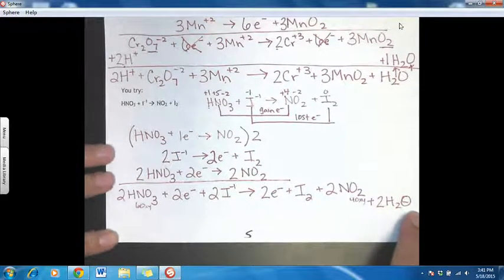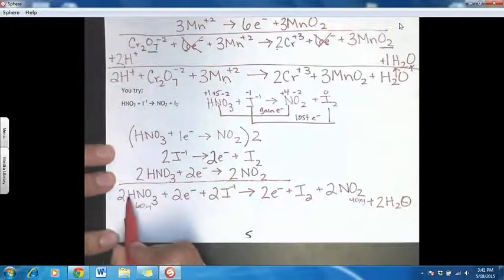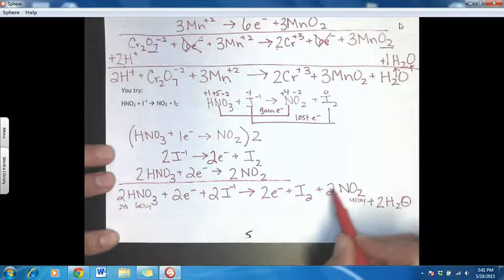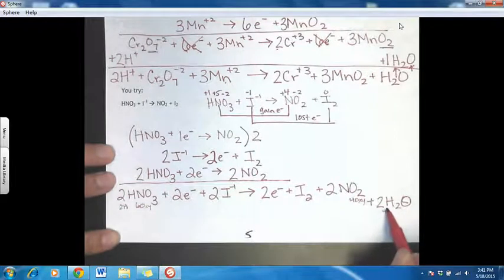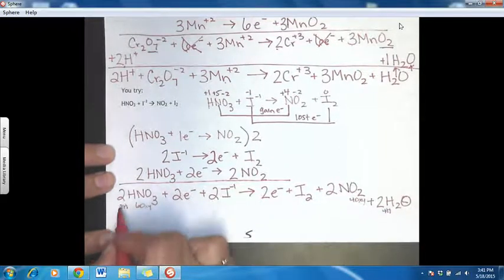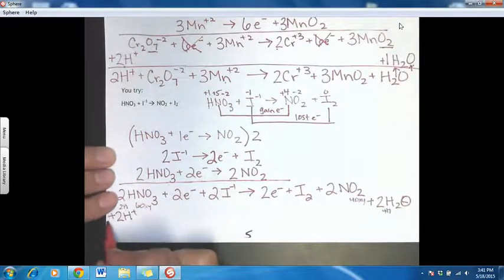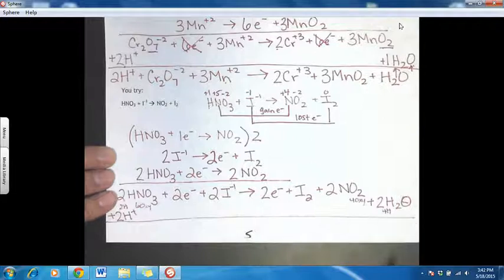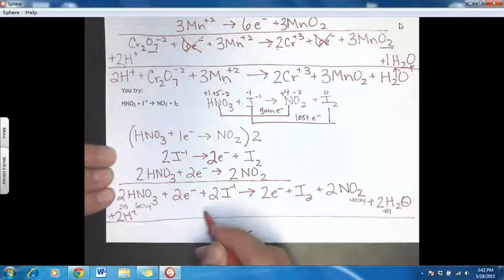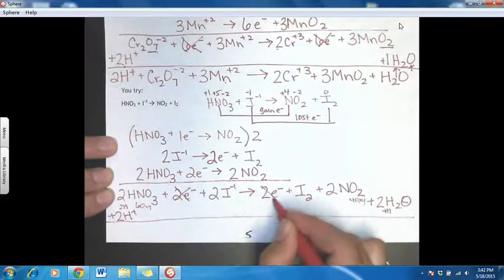Now I can balance my hydrogens. 2 hydrogens here. On this side, 2 times 2 gives me 4 hydrogens here. So to balance that, I need to add 2 hydrogen ions to my left side. I can go ahead and cancel out anything that happens on both sides, which in this case are my electrons.